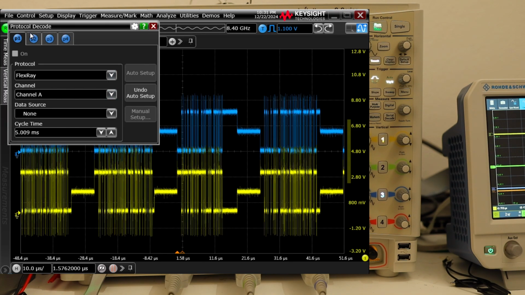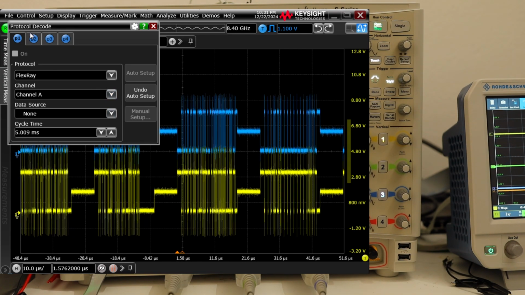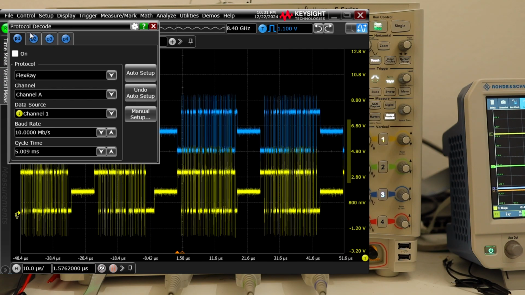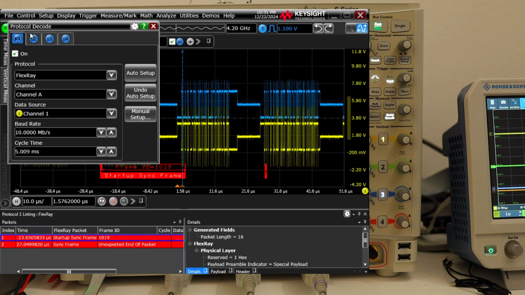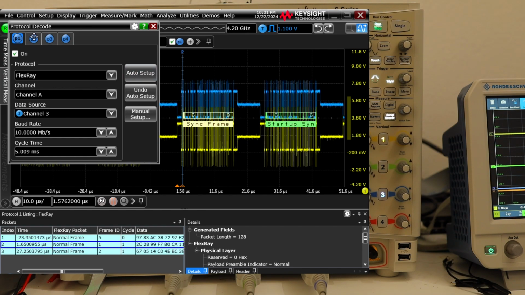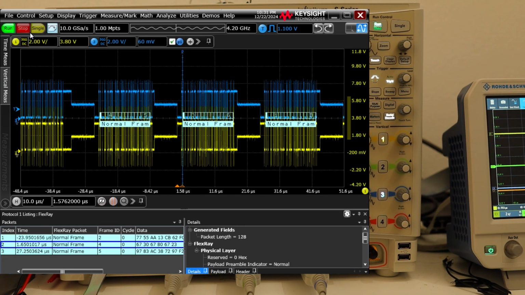Protocol setup for FlexRay. So channel A or channel B, we are measuring both, and data source channel number 1. Let's see if it detects. No, it doesn't detect. Maybe channel number 3. Yeah, so stuff like that. There's sometimes an incomplete packet, so you will sometimes see red marking there.